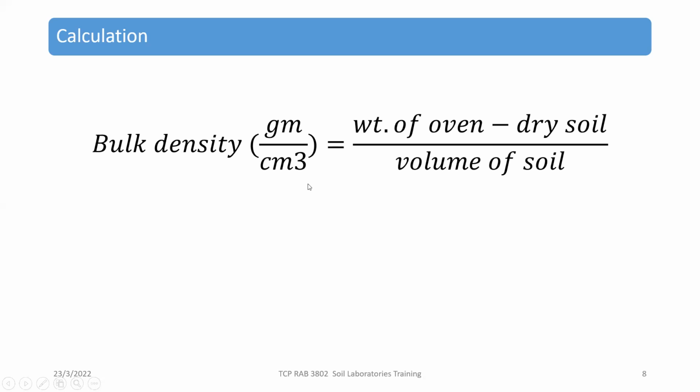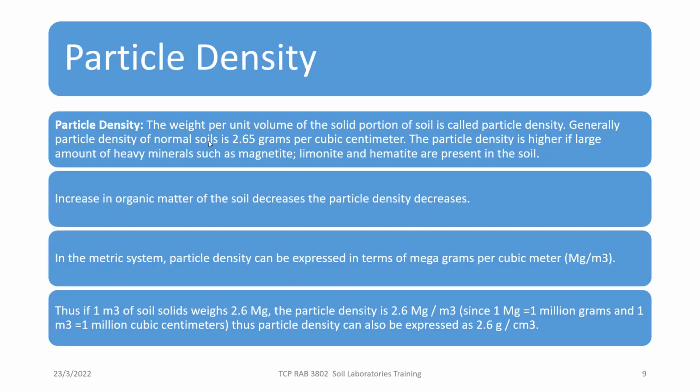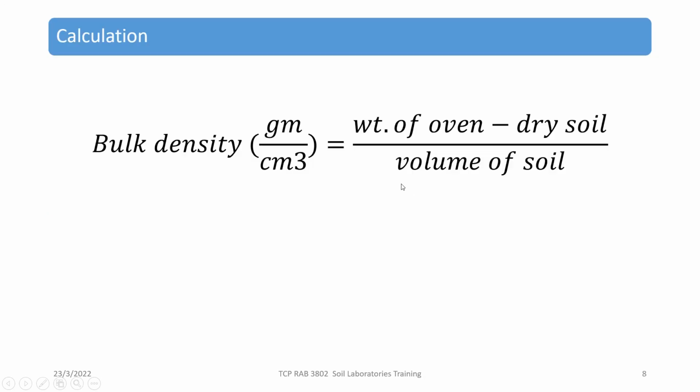I think I made a typographic mistake here, I need to change this. Anyway, in general you have the weight of the wet soil, weight of the wet soil minus weight of oven dry soil, over the volume of the soil.